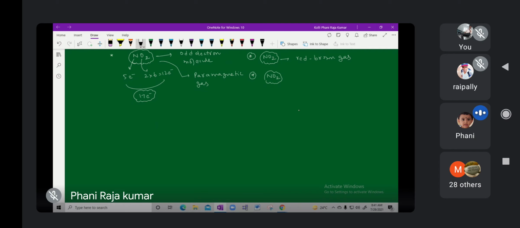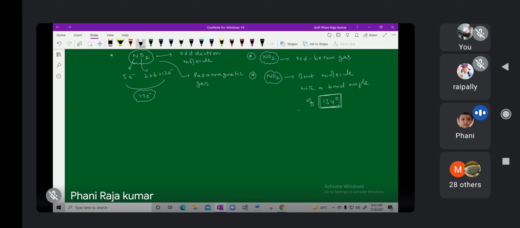This NO2 is a bent molecule with a bond angle of 134 degrees. Please remember this value, very important for NO2.